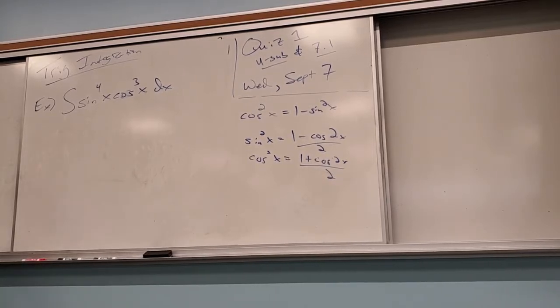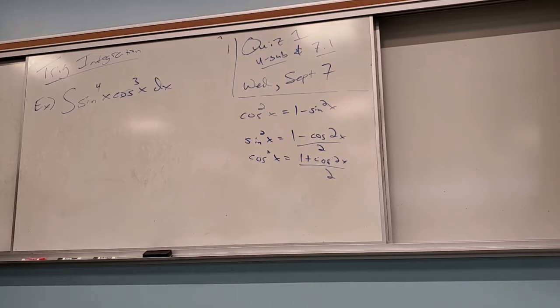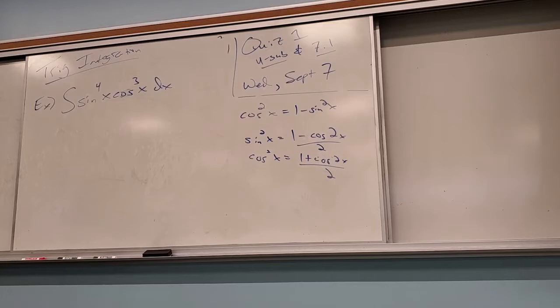Do you see a function in here whose derivative is in here also? Yes, at least one, right? In fact, it goes two ways, doesn't it? What could u equal? You could use cosine, there's a sine in there. Or you use sine, there's cosines in there, right?